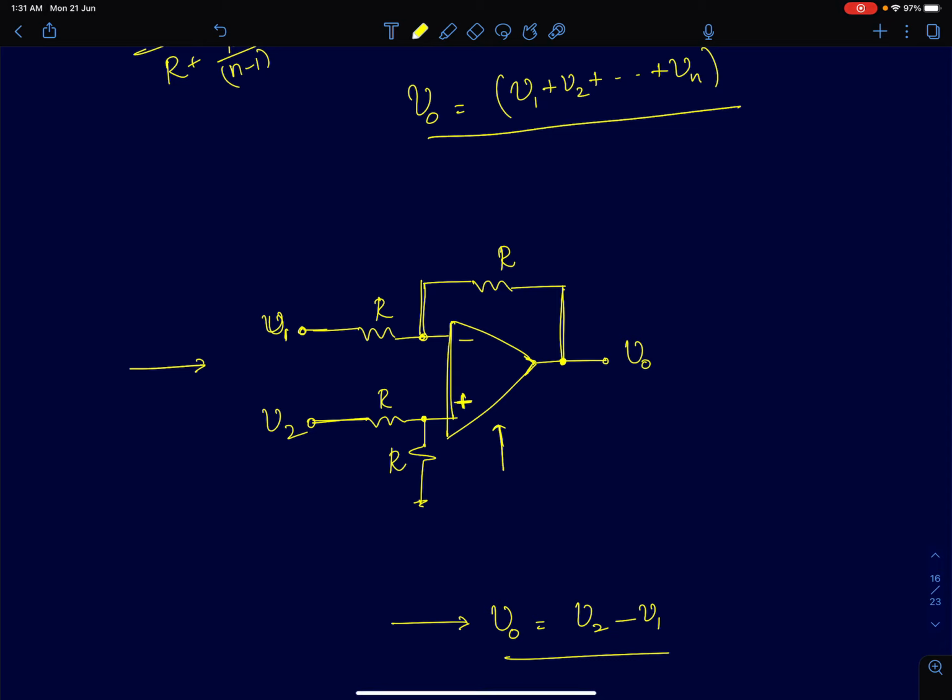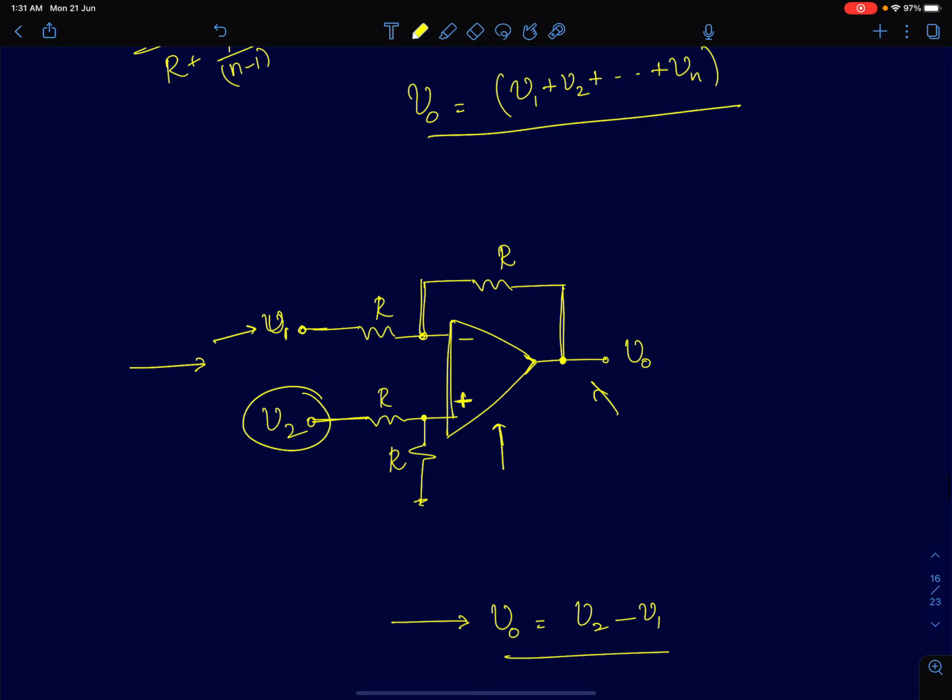Using a single operational amplifier, if I want to subtract the two, we know that if you apply an input voltage at the inverting terminal, the output voltage will be some minus times that input voltage. It will be a phase inverted version of the input voltage. If you apply another voltage V2 at the non-inverting terminal, then the output is going to be proportional to V2.